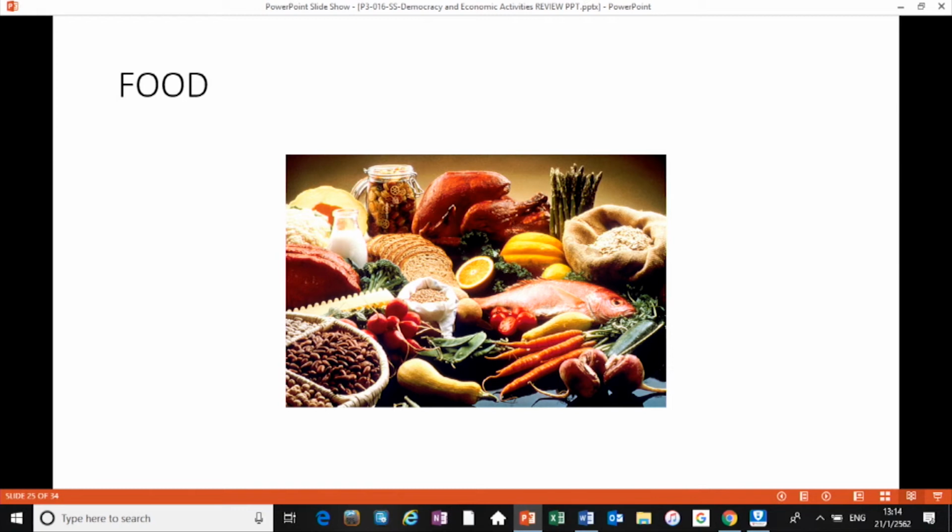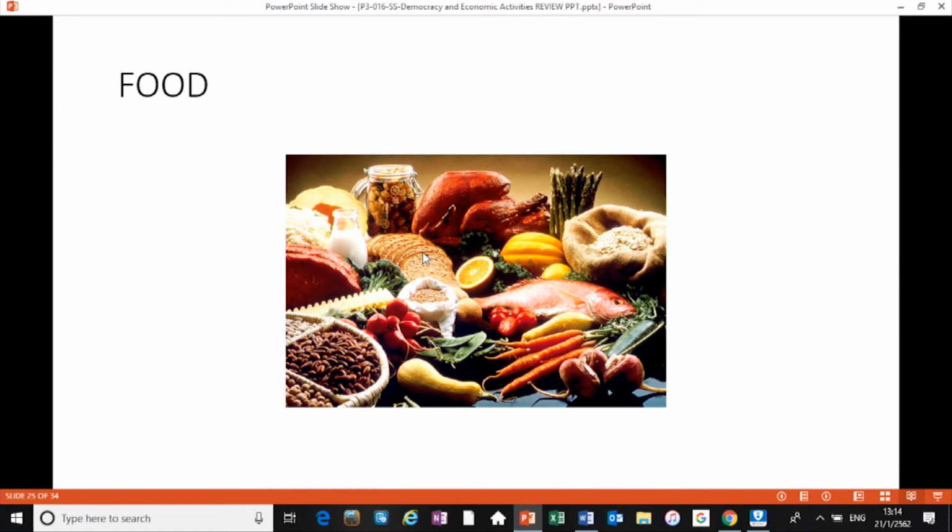Oh, what types of food do we have here? Does anybody know what this is? Chicken. What type of chicken? Roast chicken. What's this? Fish. How about here? Carrots.